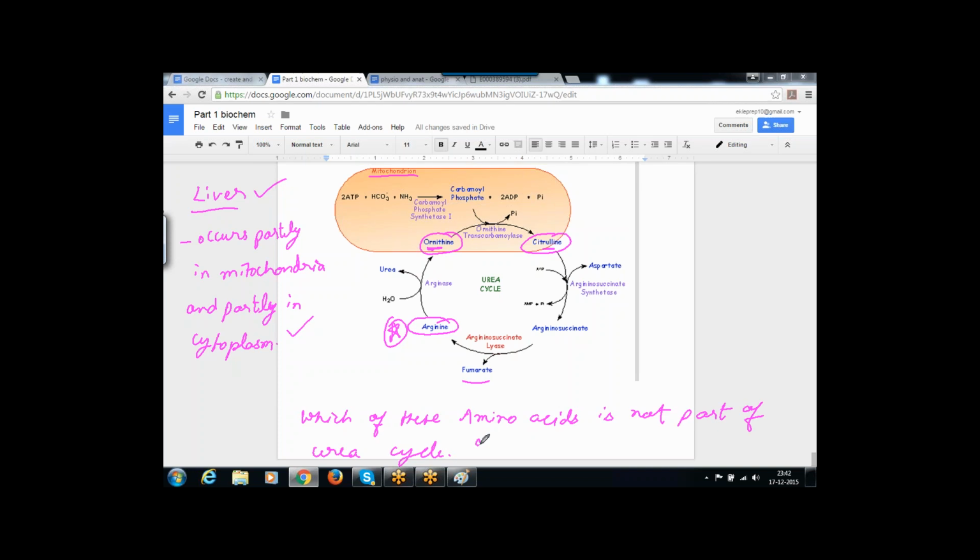And they give you options. Option A, ornithine. Option B, citrulline. Option C, histidine. Option D, arginine.